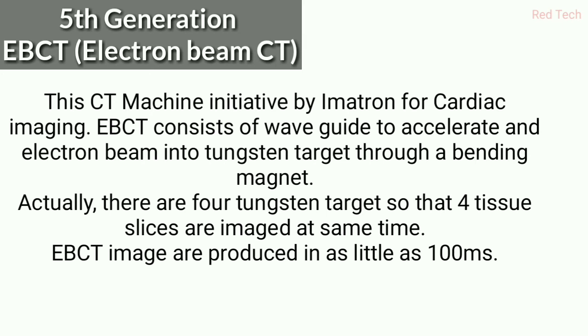In this machine there are four tungsten targets, so four slices are imaged at the same time, or you can say four slices can be taken at a single time. EBCT images are produced in as little as 100 milliseconds. So this was a faster scanning machine than the previous machines, innovated by Imatron for cardiac imaging.